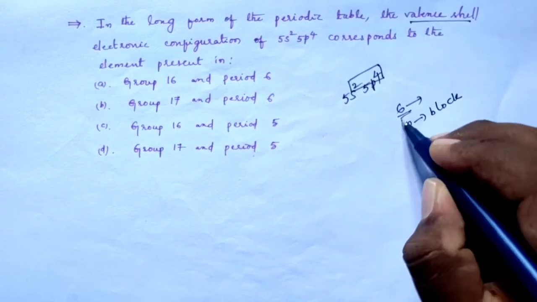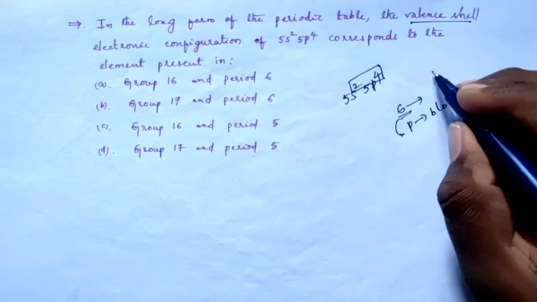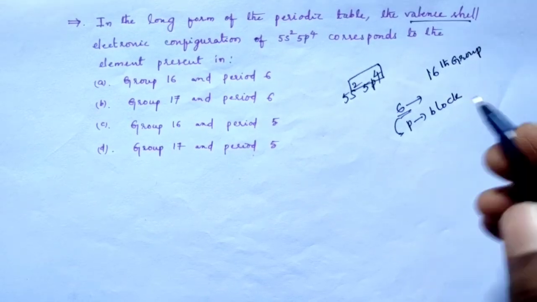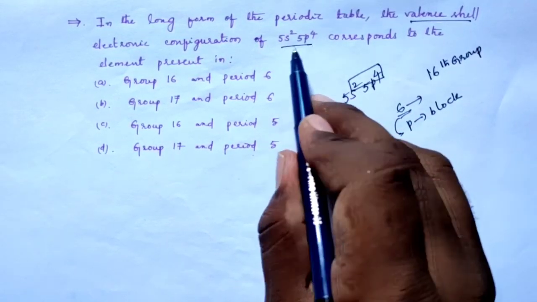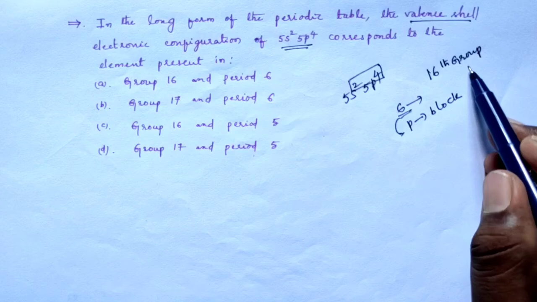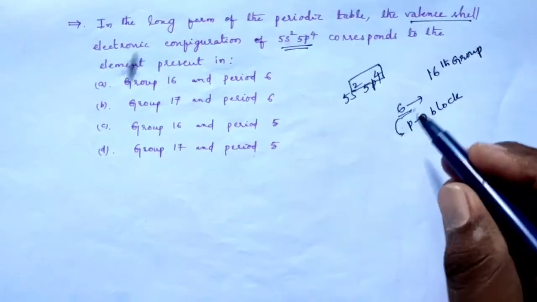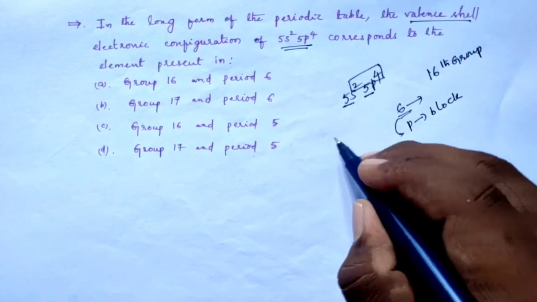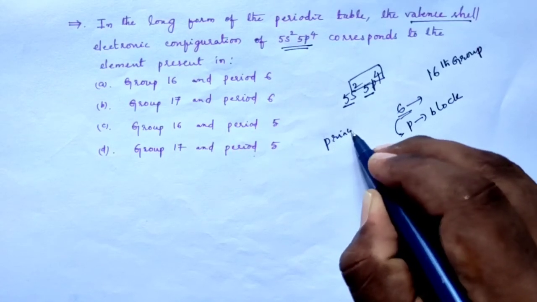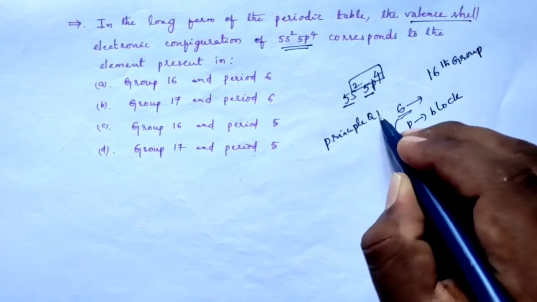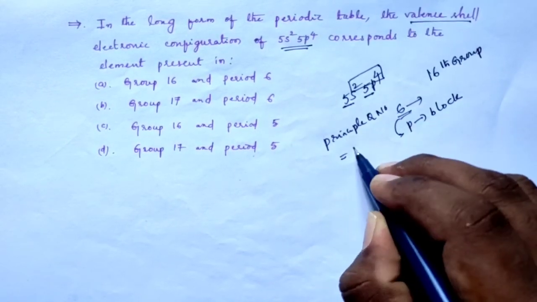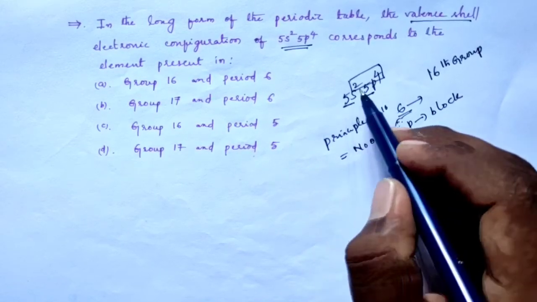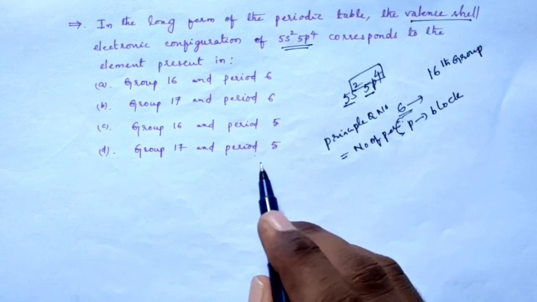So 6 electrons and p block indicates the 16th group. So this element belongs to the 16th group, and here what is the principal quantum number? 5. So principal quantum number is equal to the number of the period. So this element belongs to period 5.